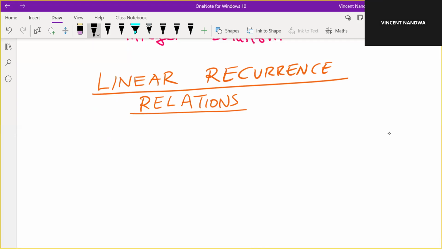So we are going to discuss linear recurrence relations. Sometimes they are also called difference equations. Majorly in this course, we deal with recurrence relations with constant coefficients. When you go to higher levels, we'll discuss general recurrence relations, which also have variable coefficients.